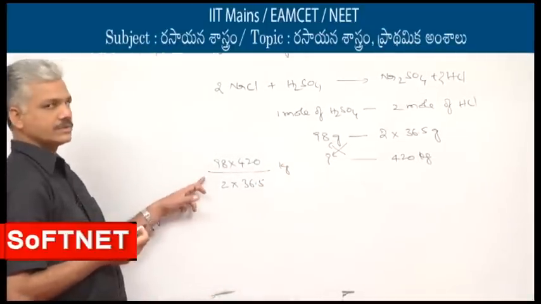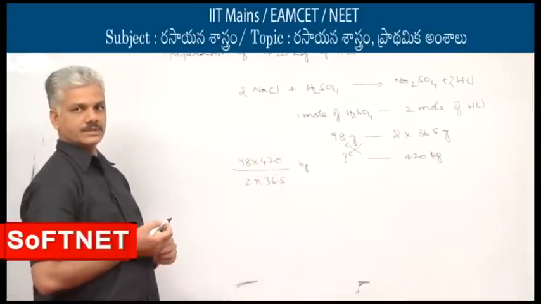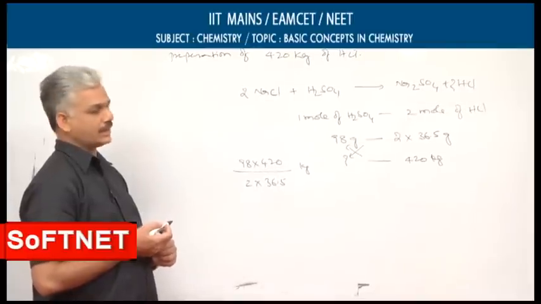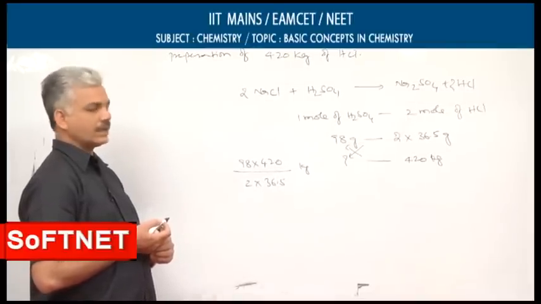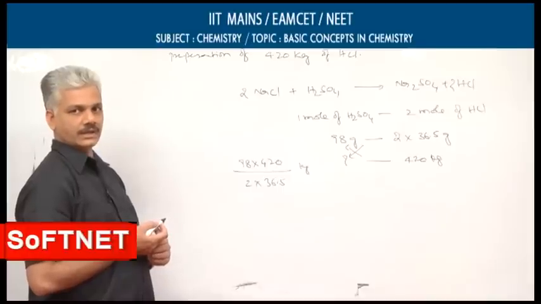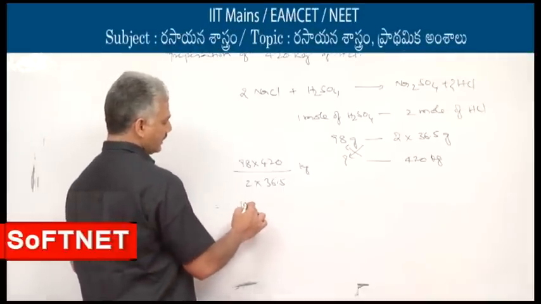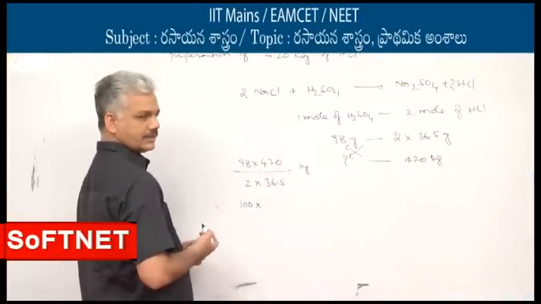But this is true if the sulfuric acid taken is 100% pure. When the percentage of purity is not equal to 100, the value which we have obtained from the molar relation has to be modified a little bit. The relation we make use of is 100 into the obtained value by the given percentage of purity.